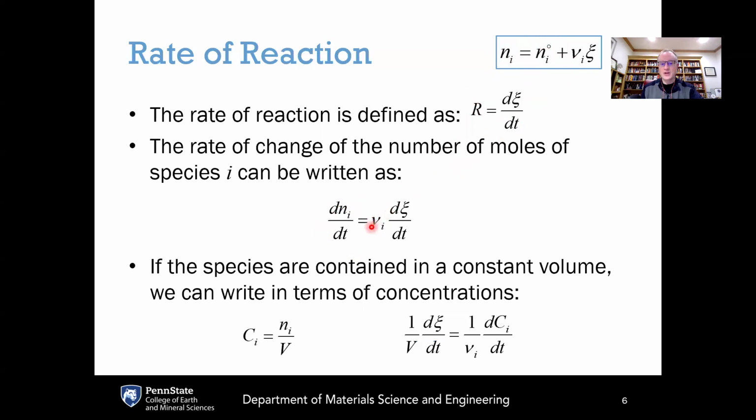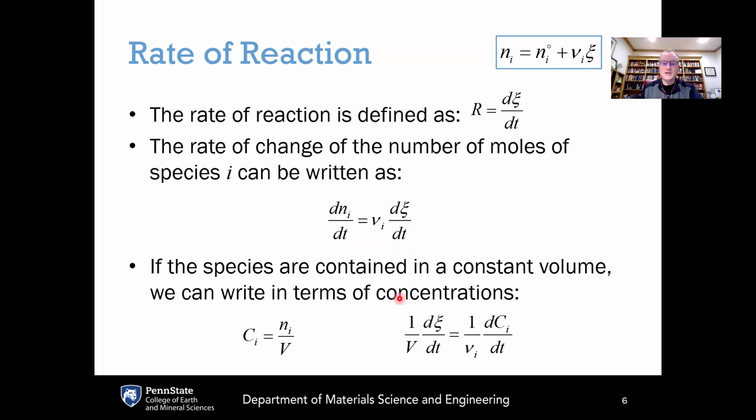And then we've got the stoichiometric coefficient, nu sub i, times the time rate of change of the extent of reaction, dξ/dt, which of course is just the rate here, R. And so we could take that R and put it in here for this dξ/dt, and that gives us the time rate of change of the moles of each species.